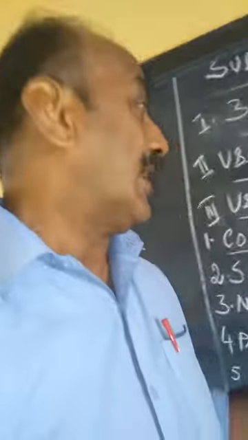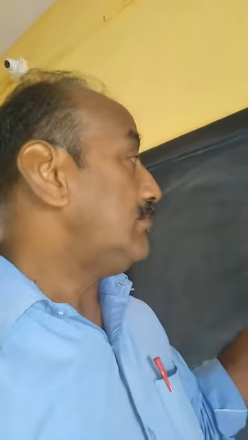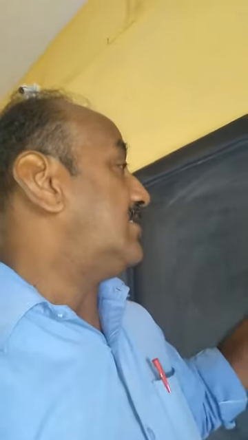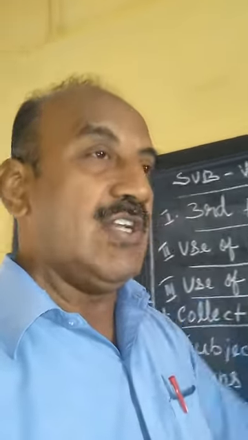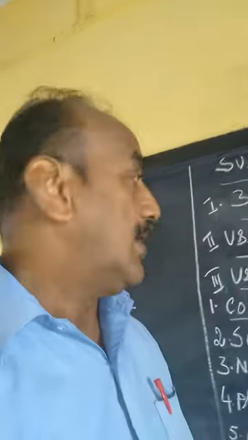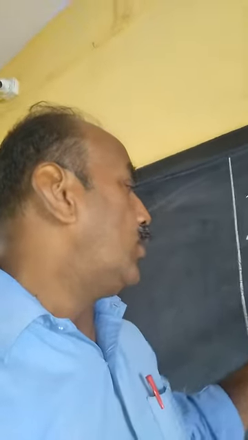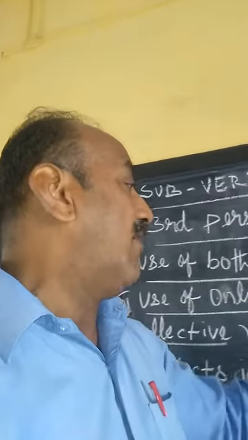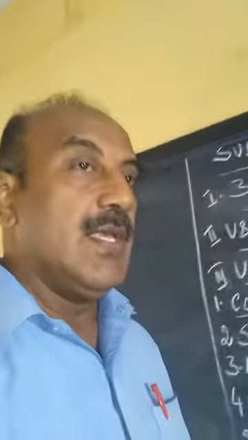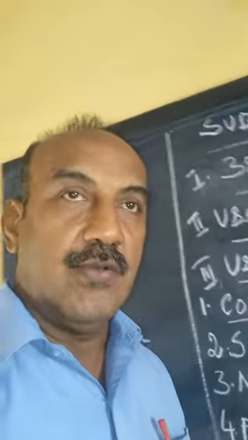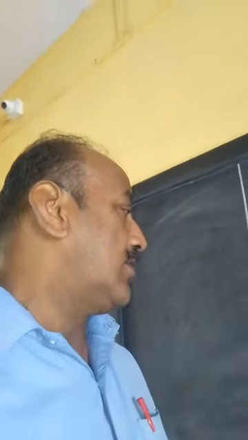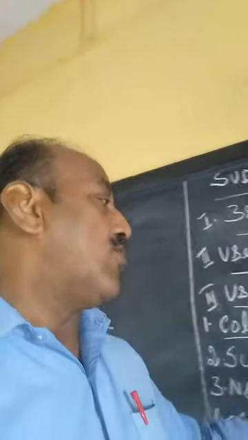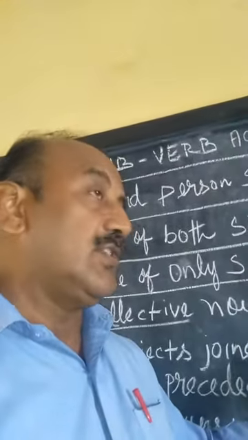Now, the second set in your book is use of both singular and plural verbs. Already I have explained to you. The third one is use of only singular verbs. This we started already. We saw the first 3 rules. Collective nouns use singular verb.